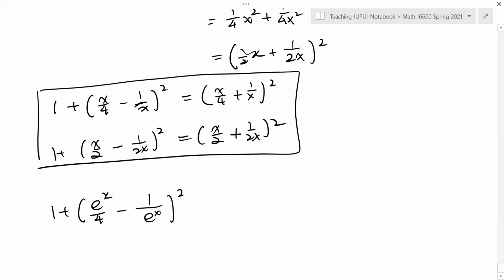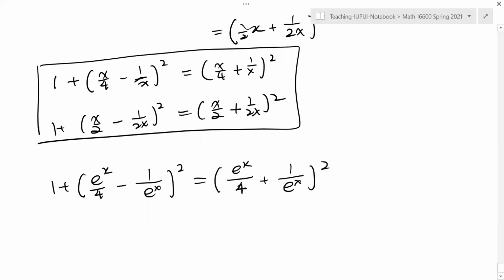And then it's similar to the first formula. So it's going to be e to the x over 4 plus e to the x squared, right? Yes.